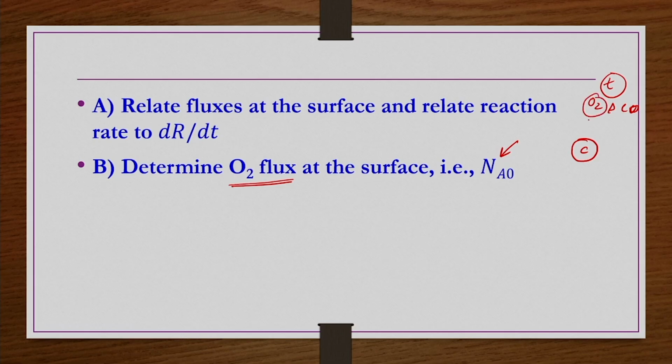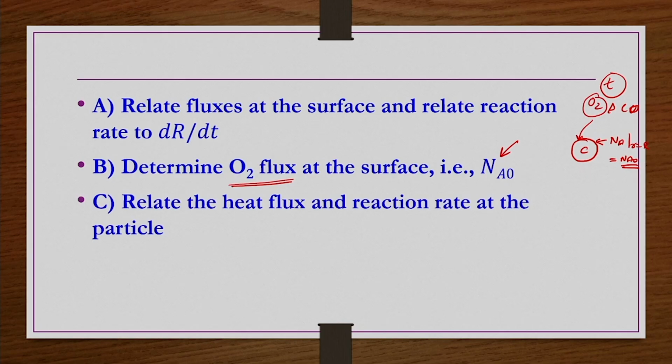So, when this O2 comes to the surface, then only the reaction takes place, and that reaction is very fast. So, at what rate this O2 is reaching, or what is the flux of this O2 at this surface, that is N A at r equals capital R, that we are calling N A naught. We have to find that out, because it will tell at what rate the O2 is reaching the carbon particle. Accordingly the combustion will also progress.